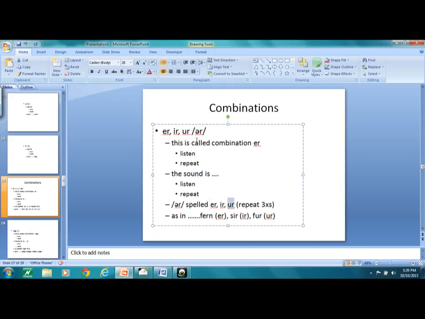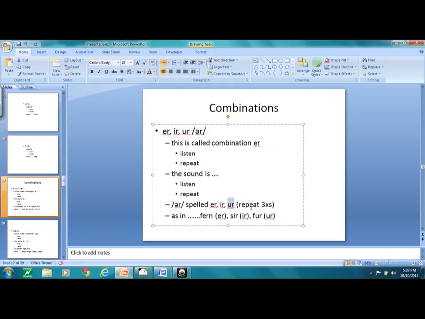IR, as in sir. IR, as in sir. And here's the last one. UR, like in fur.